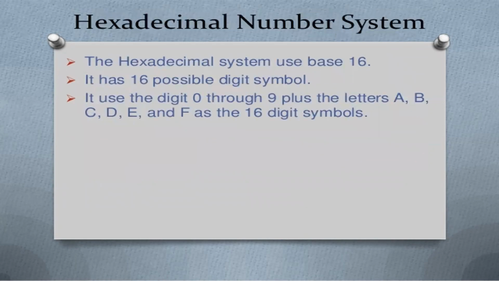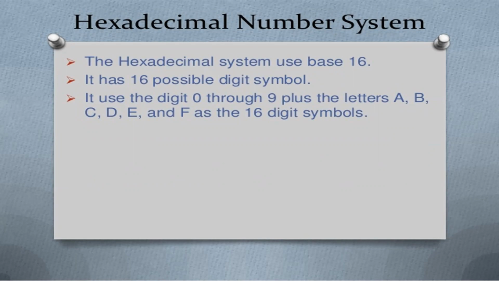Okay. And the last number system that we did was hexadecimal number system. Previously also I told you, hexa means 6, decimal means 10. So 6 plus 10 is 16. Hexadecimal stands for 16 symbols that are used by this number system.